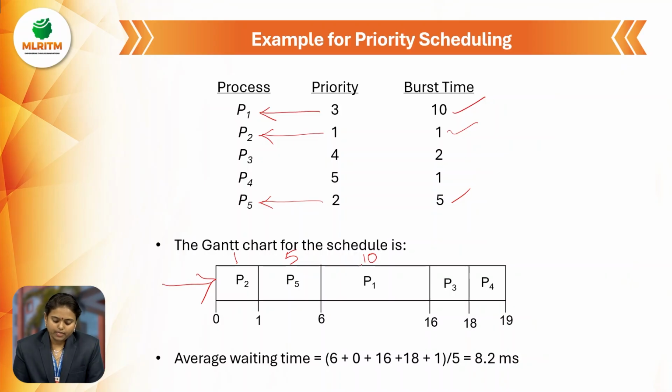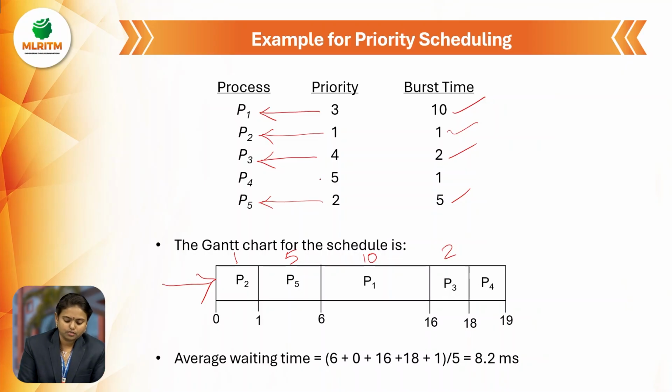So 6 plus 10, 16. That is the waiting time of the next process. Based on the priority, the next is P3, which enters the CPU with burst time 2. 16 plus 2, 18. That is the waiting time of the next process.